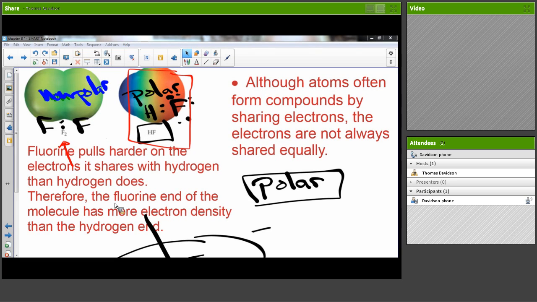What makes it a nonpolar bond? Non-polar? Sorry, polar. The electrons aren't shared equally. Good answer. All right, so here we go.